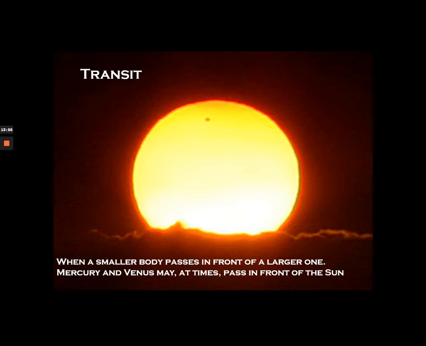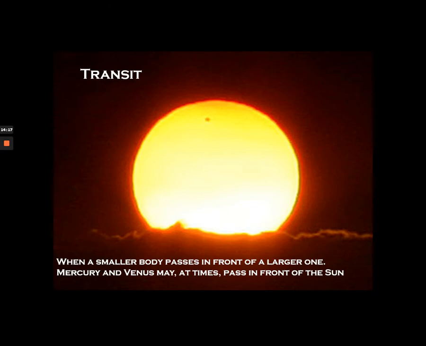But it's a pretty spectacular thing to see, and the satellite images are stunning of it, I think, because it gives you a scale almost to Venus. It's a planetary object moving in front of the Sun, and I just think those satellite images are wonderful. But yeah, anything can transit anything else. It's when a smaller body passes in front of a larger one.